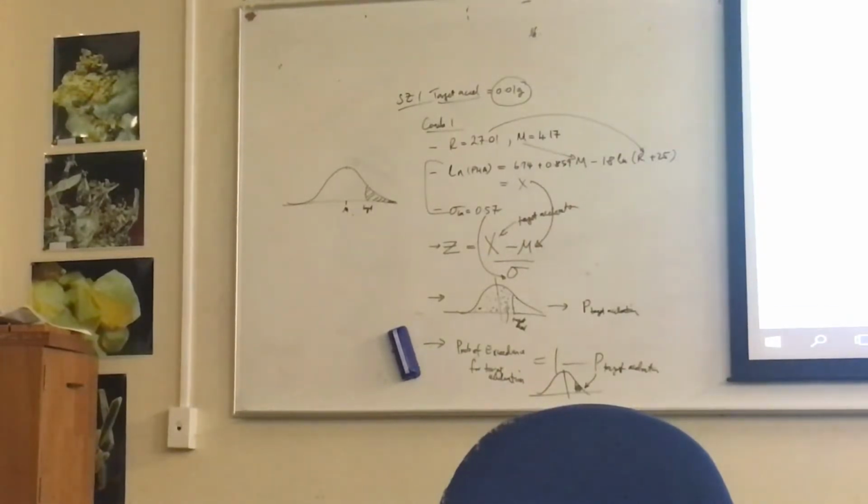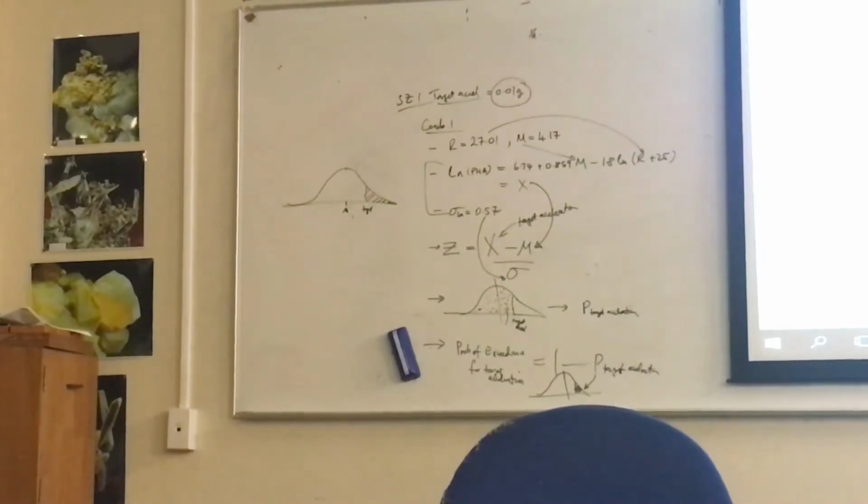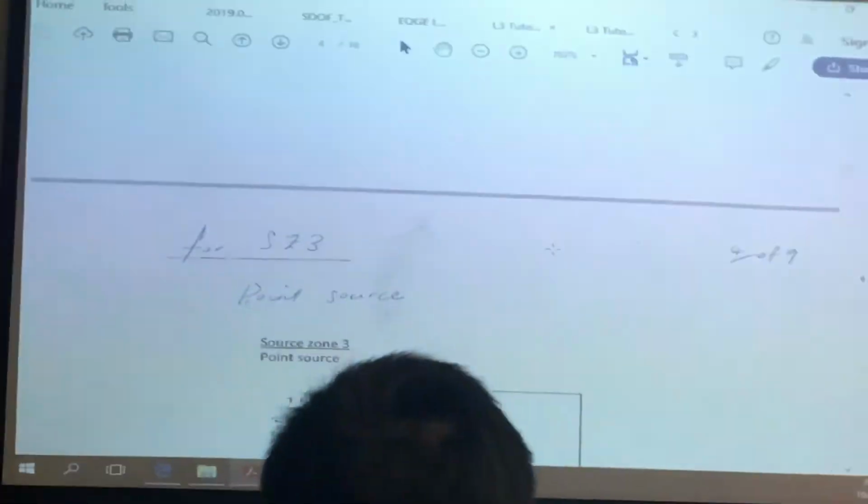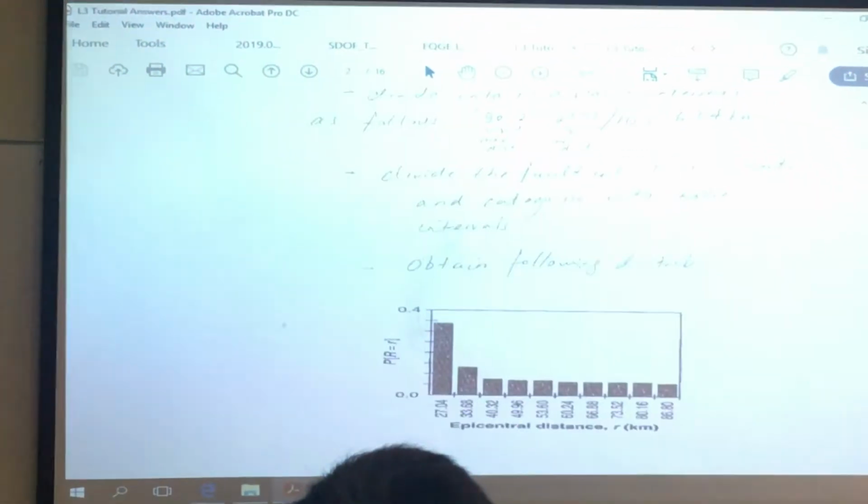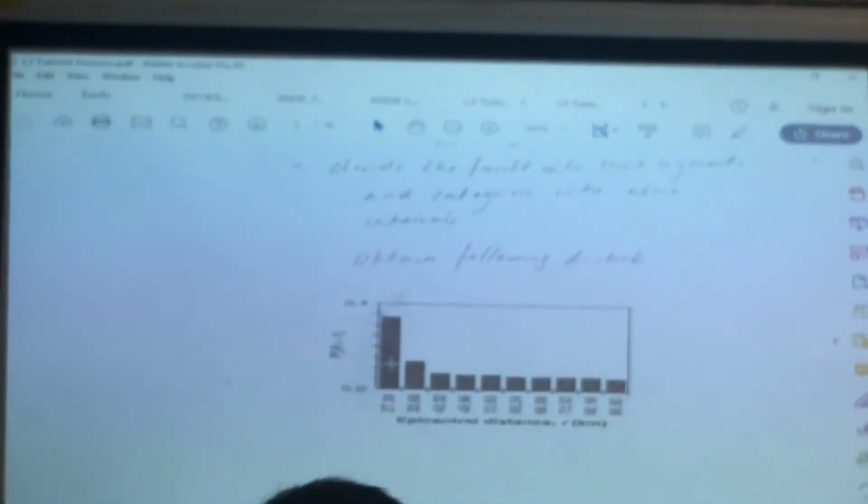And we repeat what I've just done for all combinations of source zone 1. So we go 27.04 for the distance, and that's combination 1.